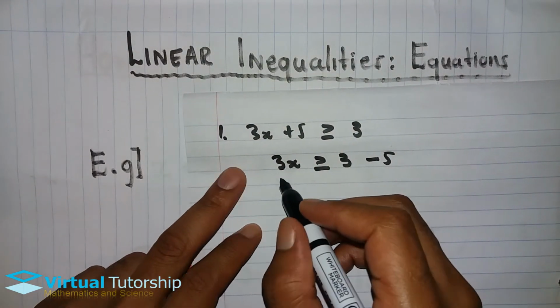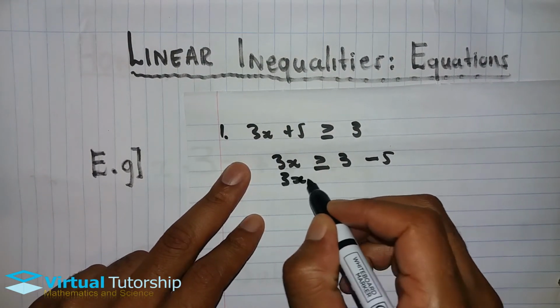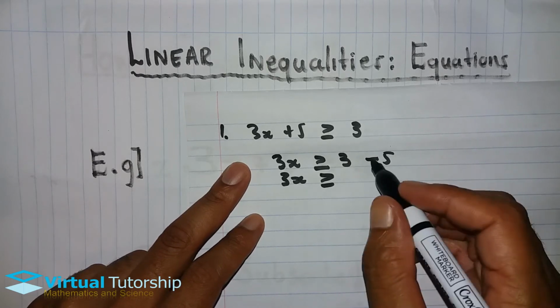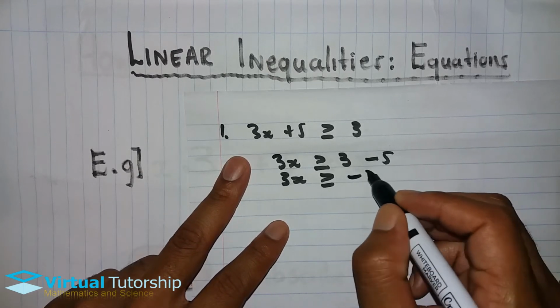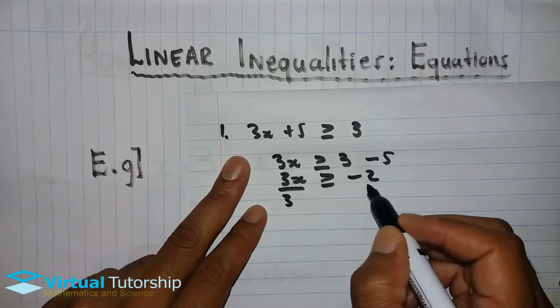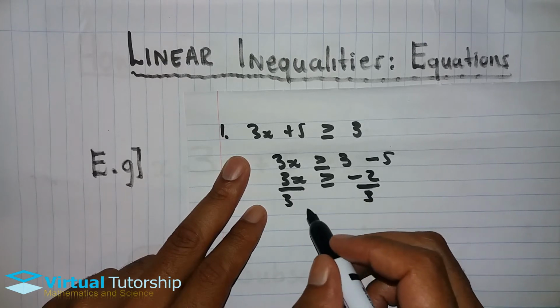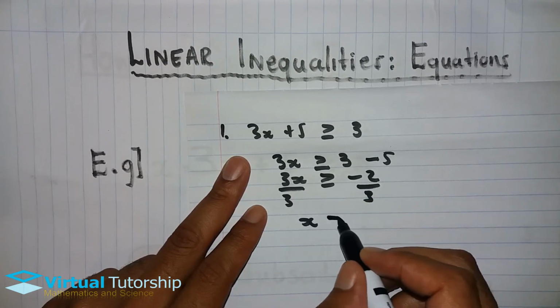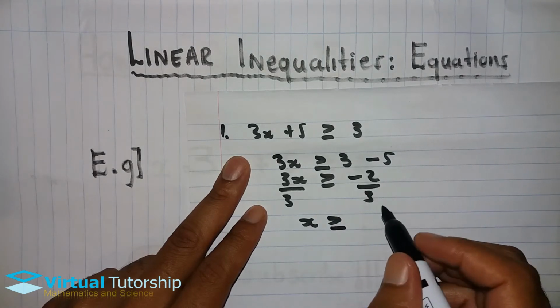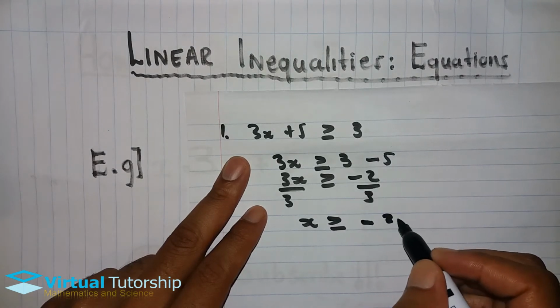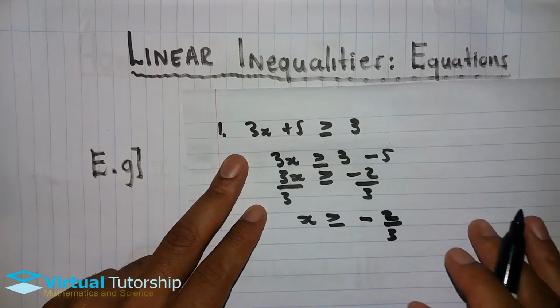So uma ngisolve the right hand side ngithola minus 2, so ngizodivide both sides ngo3, then ngisala no x is greater than or equal to minus 2 over 3.